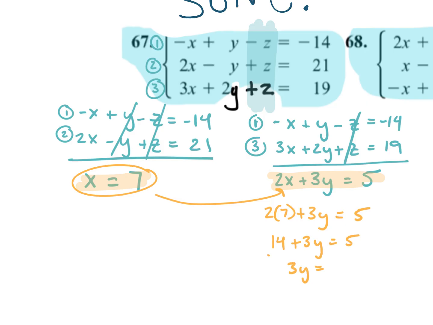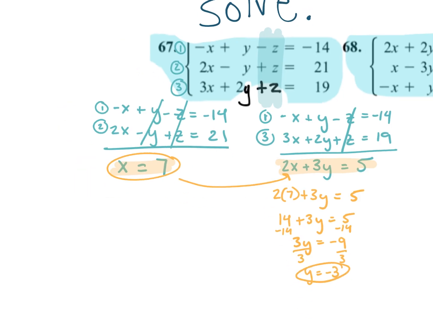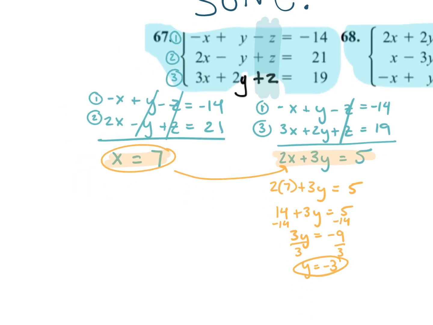3y equals, when we subtract 14 to the other side, what's 5 minus 14? Negative 9. Divide by 3. What does y equal? Negative 3. Perfect. Now we have x, we have y. How do we find z? Plug in the x and y where?